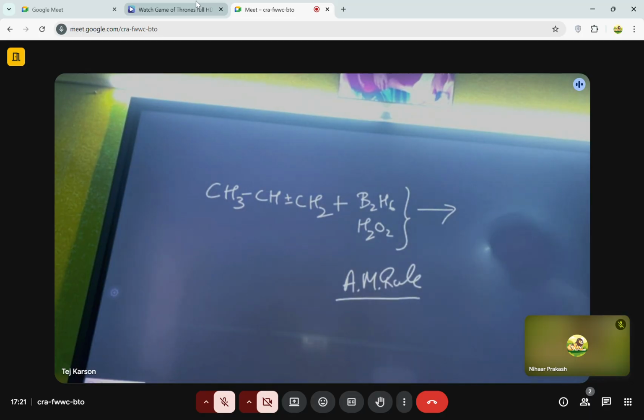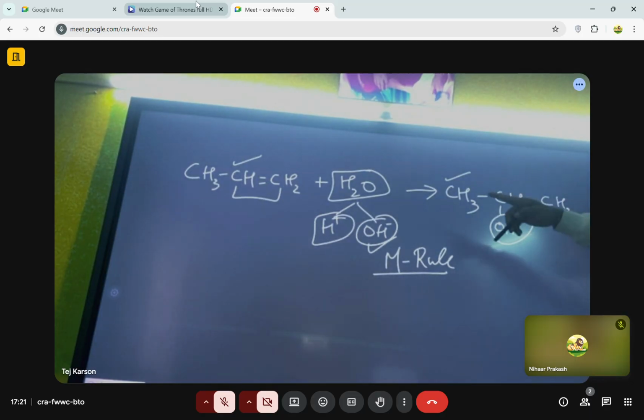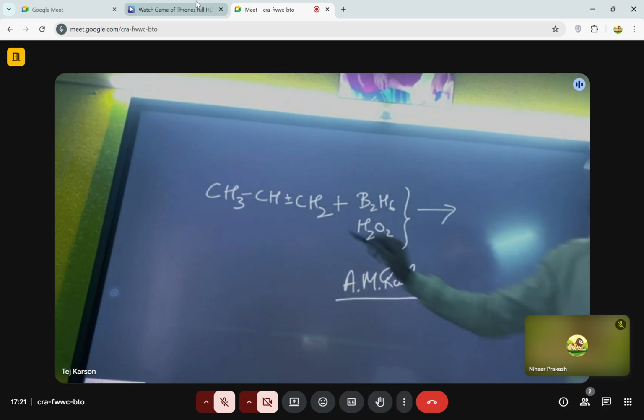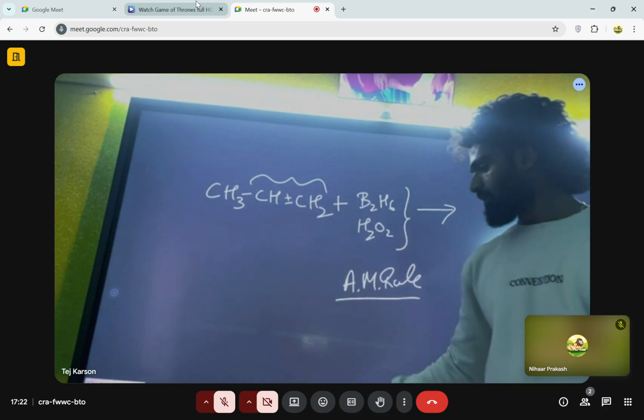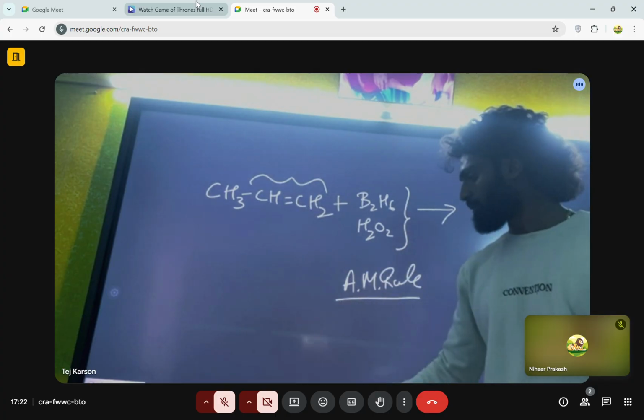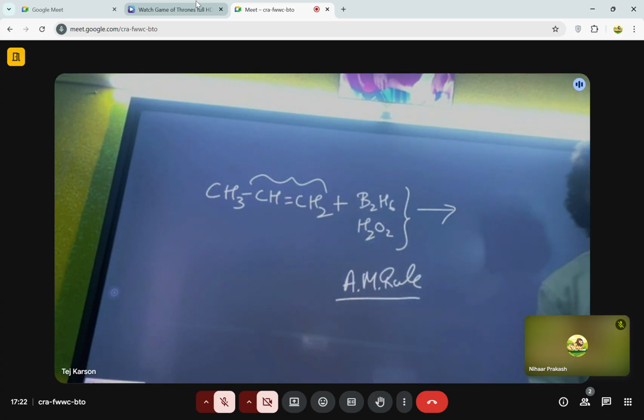In the previous case, it went and sat on the carbon with the least number of hydrogens. Here, you compare only both of them because of the double bond. Compared to these two carbons, which has more hydrogen atoms? CH2. So the OH in this case will go to the corner here. Remember this. So CH3 on the extreme stays as it is, CH as it is, the double bond breaks, and CH2 was there, to this one OH got attached.